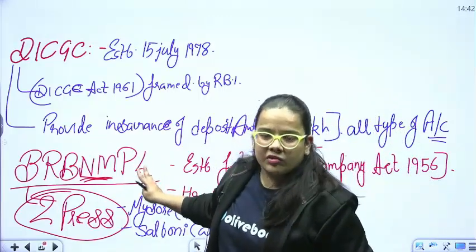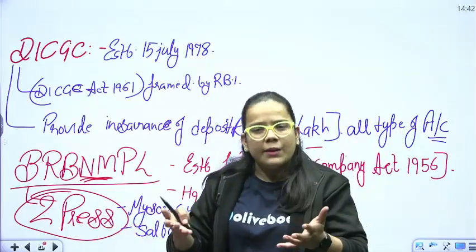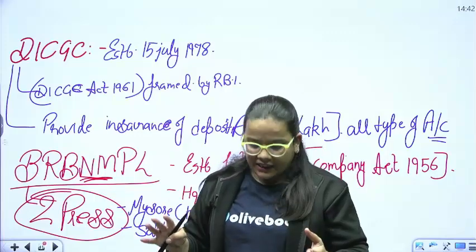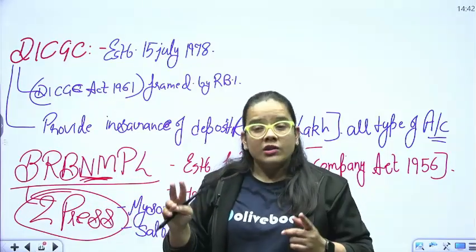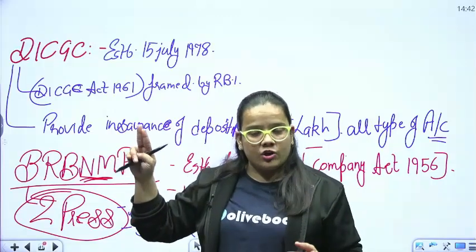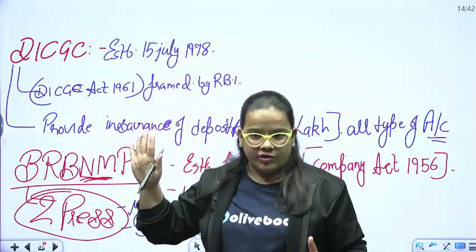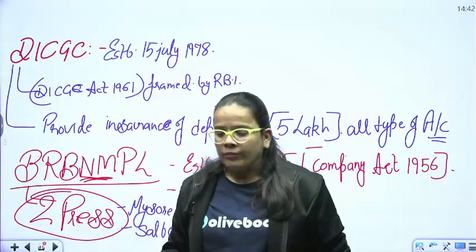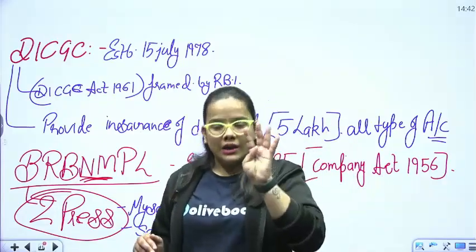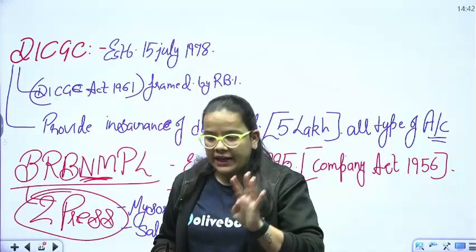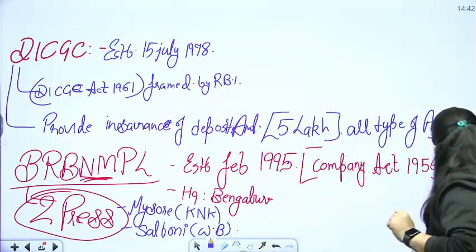I'm discussing these two subsidiaries because these are important from your exam point of view. There's nothing to do with the remaining three subsidiaries. Just keep in mind to complete the abbreviations of your 5 subsidiaries, for exam point of view again. Now the Reserve Bank of India has 4 currency note printing presses. Okay, now we are going to discuss the currency note printing presses.